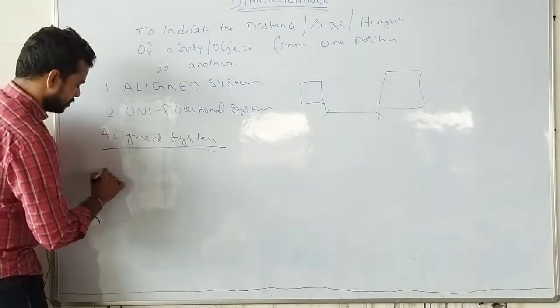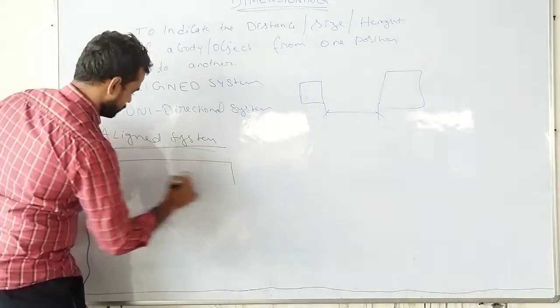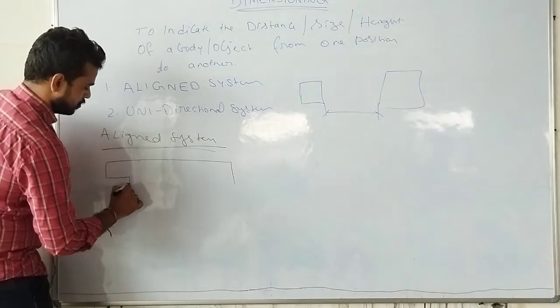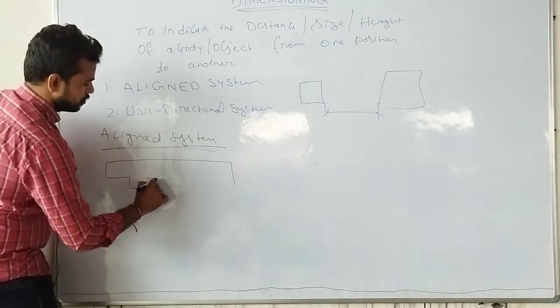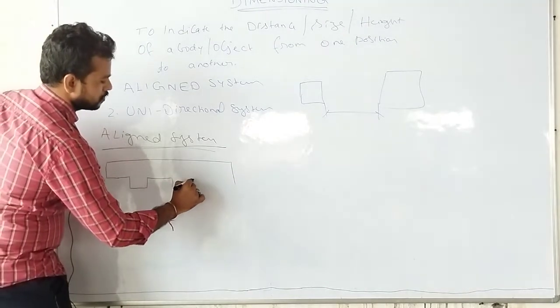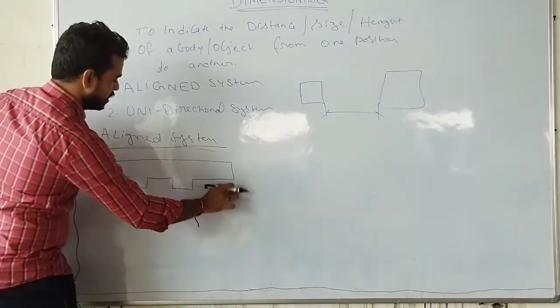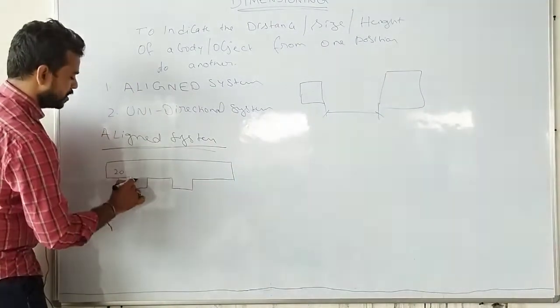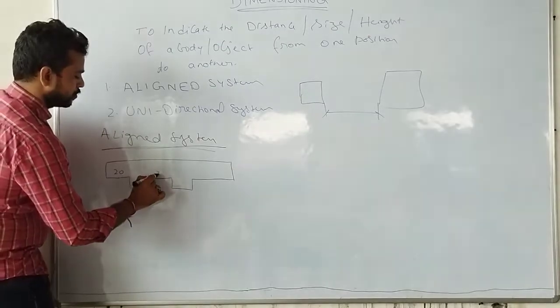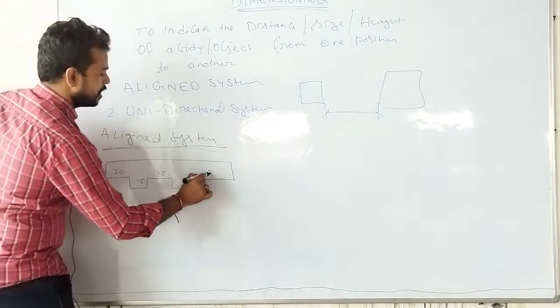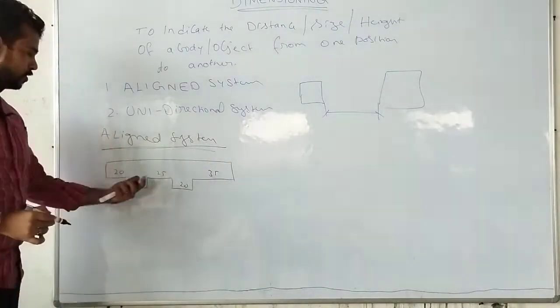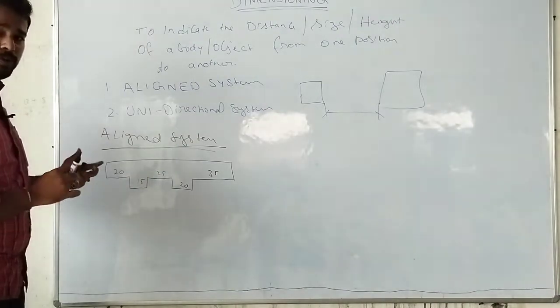Let us consider this is a body. It is having 20 mm, 50 mm, 25 mm, 20 mm, and 30 mm. Here we need to indicate dimension. How will we indicate?